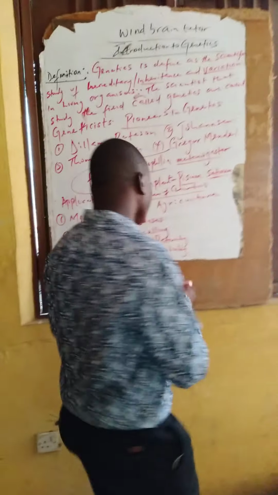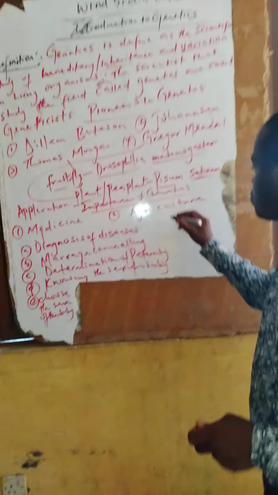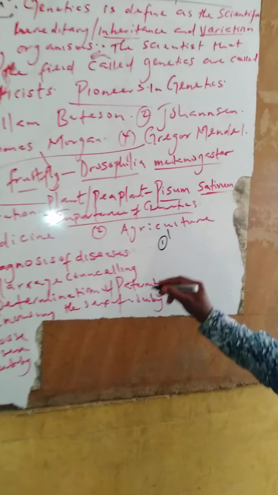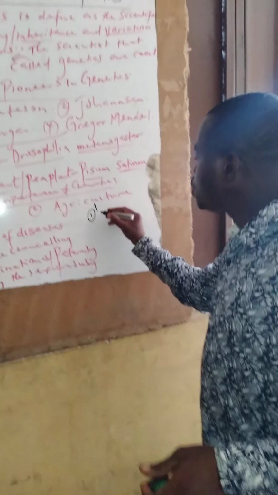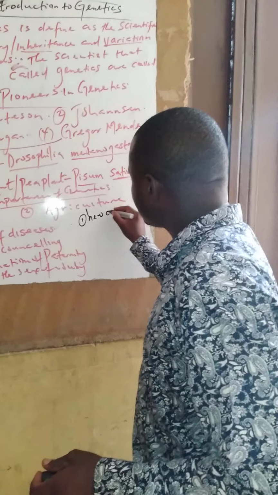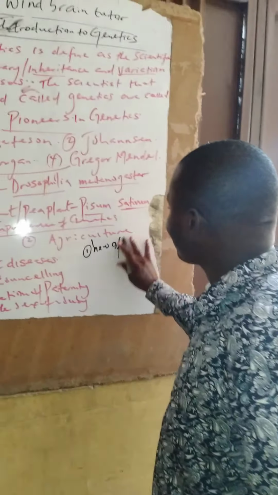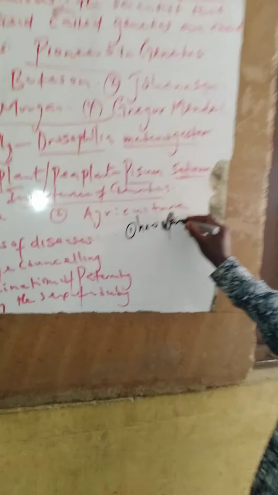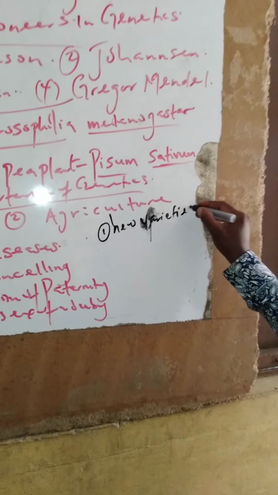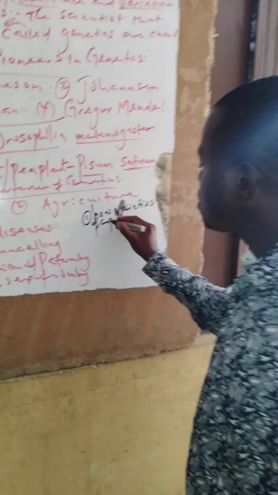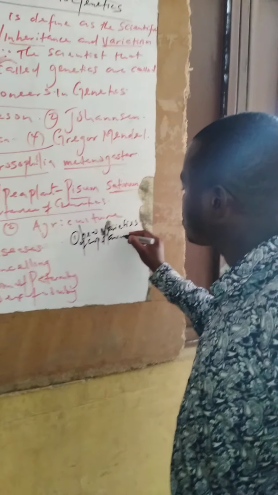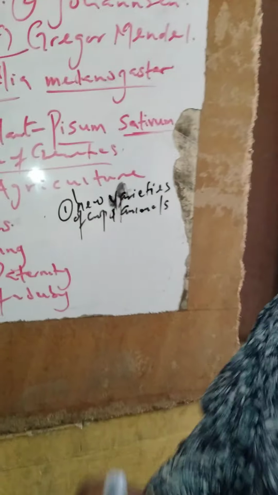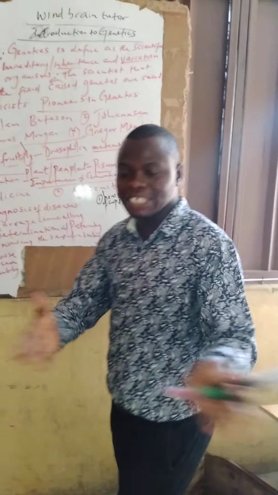Now, how is it useful in the field of agriculture? In the field of agriculture, it is useful in the production of new varieties of crops and animals that are able to adapt to climatic conditions.